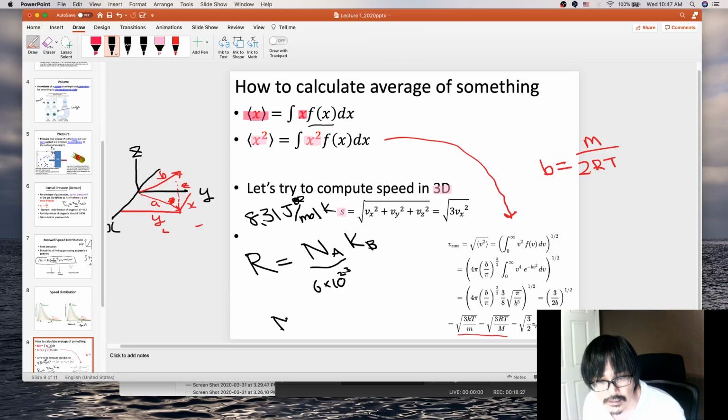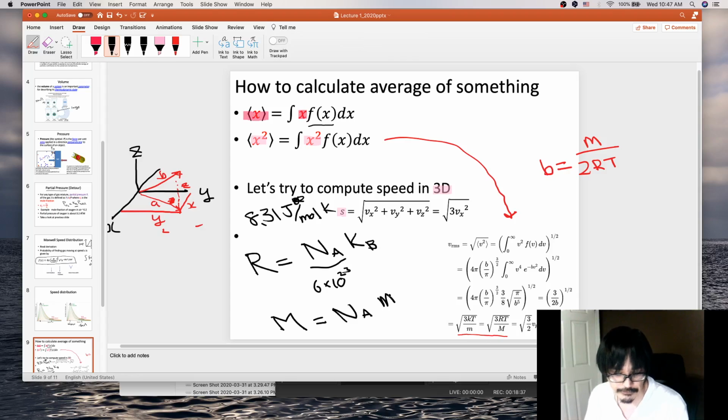And so does this M too. The molar mass is equal to the Avogadro number multiplied by the actual mass of the molecule. The mass of the molecule multiplied by the Avogadro number gives you the gram per mole quantity, right? So kB over m is R over M, because NA is going to cancel.